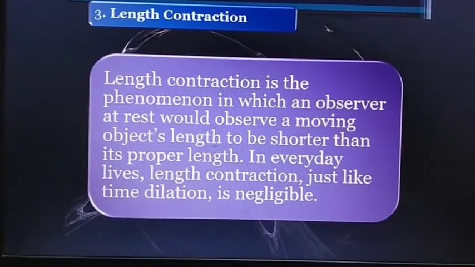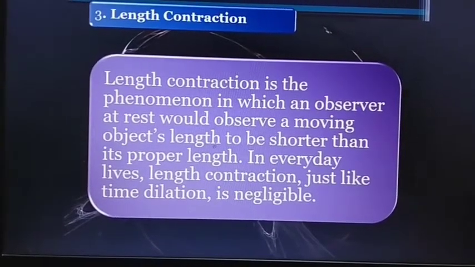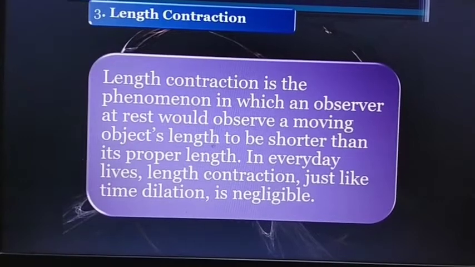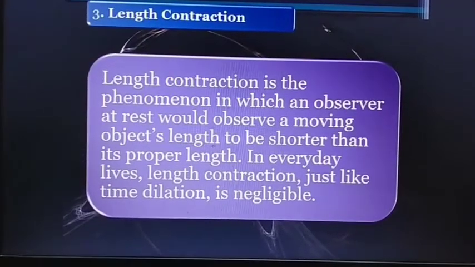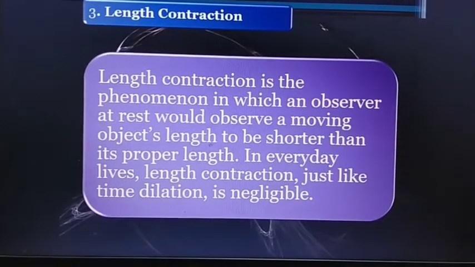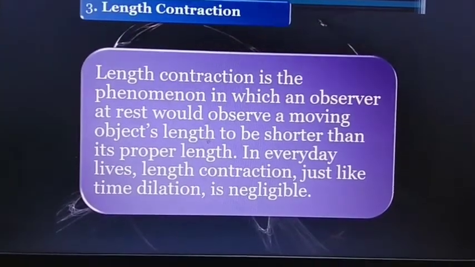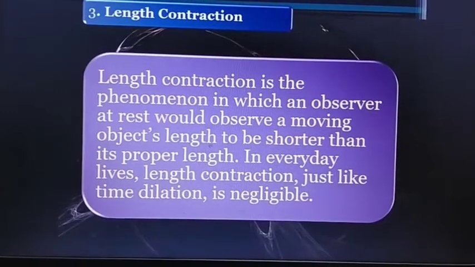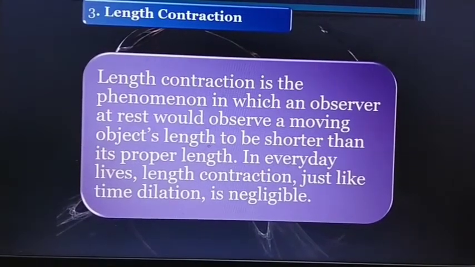Para sa kanya, itong length contraction ay phenomena in which an observer at rest, yung nakasteady lang, would observe a moving object's length to be shorter than its proper length.